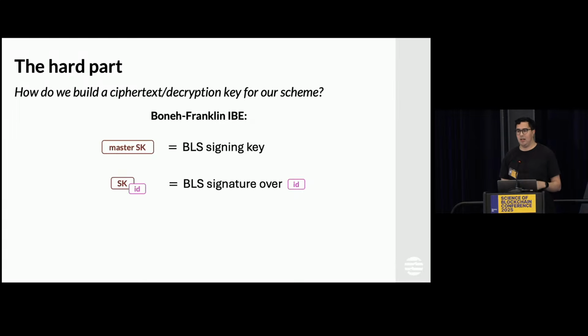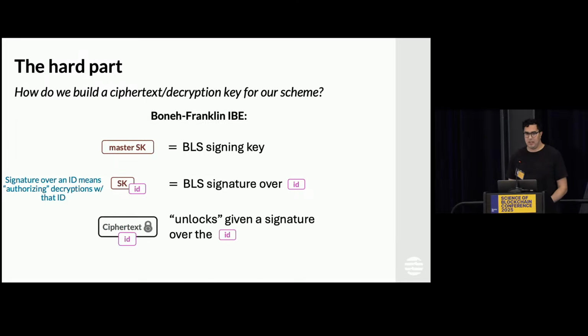And then a secret key for a given ID is nothing other than a BLS signature over that ID with respect to the master secret key. You can think of a signature over an ID as an authorization for decryptions with that ID. And then finally, Boneh-Franklin has this nice way of generating a ciphertext that respects those authorizations.